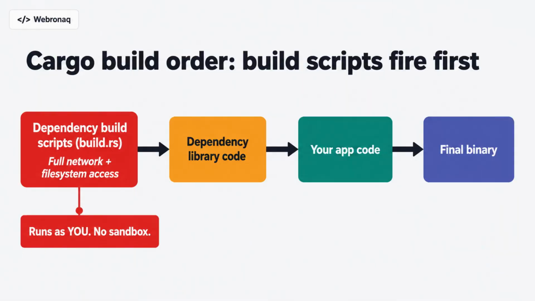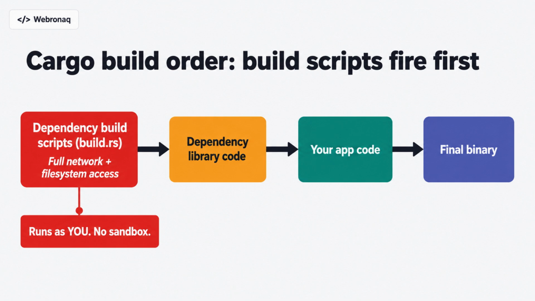Here's the part that makes this so dangerous. When you run cargo build, cargo does not start with your code. It works through your dependencies first, in the order they depend on each other. And for each dependency, it runs that package's build.rs script before anything else. So by the time cargo even glances at your own source files, every build script in your dependency tree has already finished running.